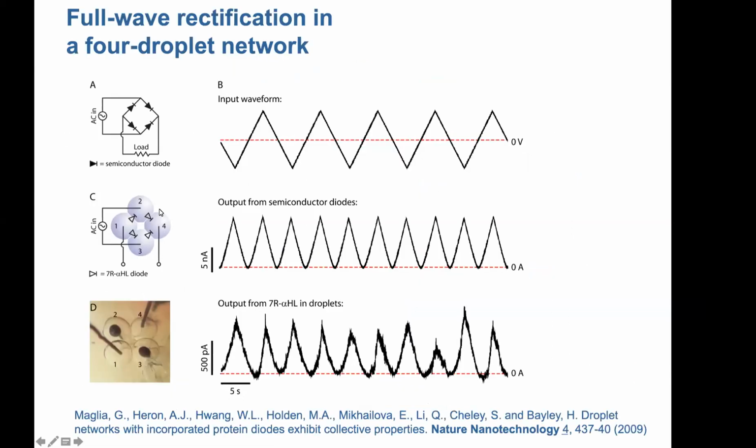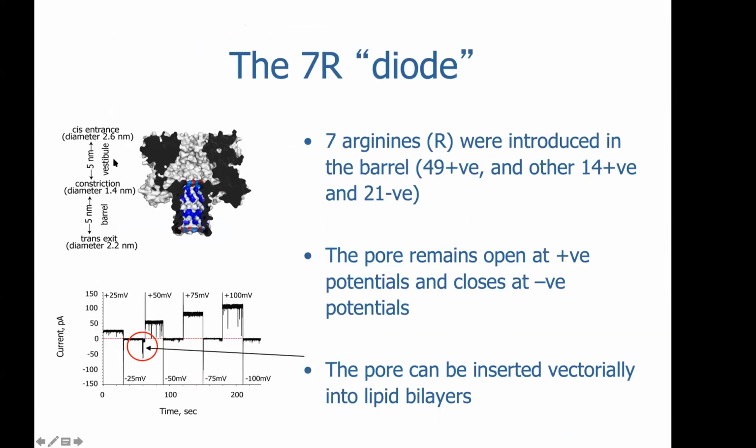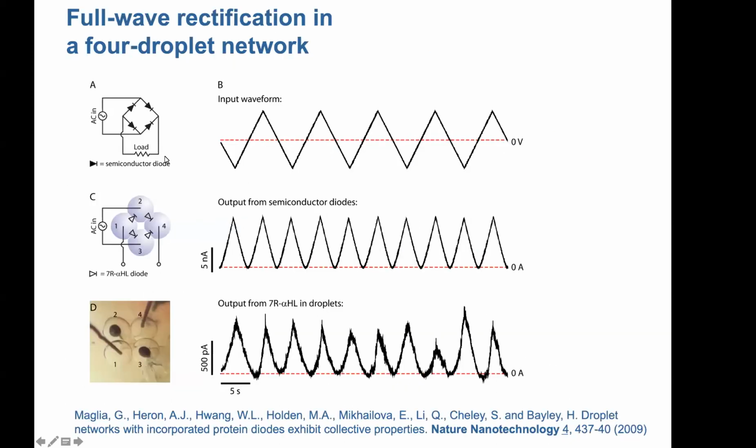So when we assembled our droplets in this manner, and I can tell you that this pore will insert vectorially into membranes because it has a big extramembranous domain, it's possible to assemble these systems with the pores pointed in the direction you want.